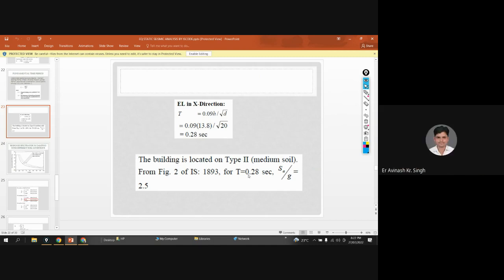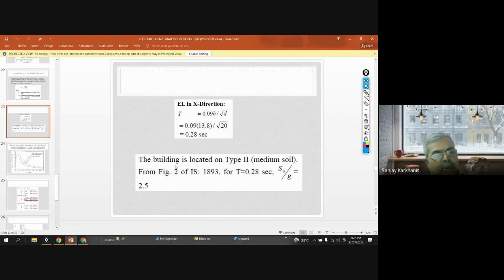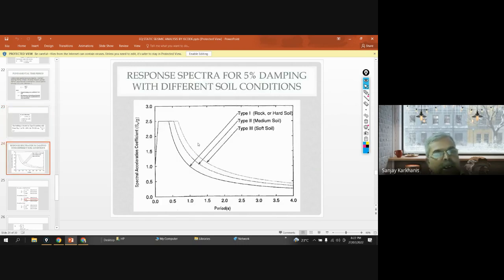And for this building, for T equal to 0.28, you get the response spectra that has been derived, designed, and given to you as a ready-made parameter, and you can find out for 0.28 the value 2.5. Clear?